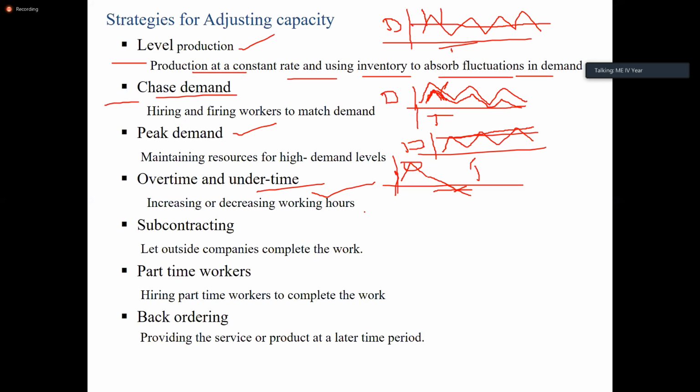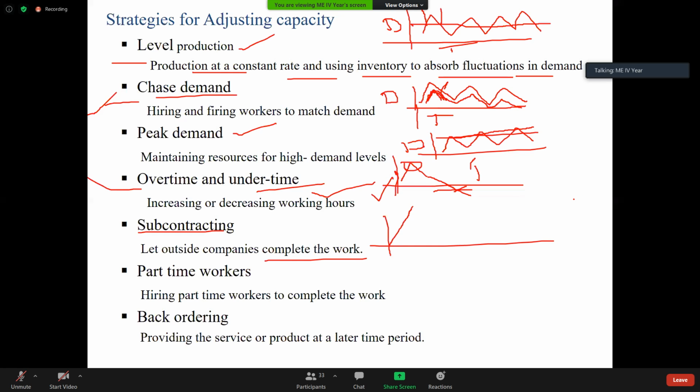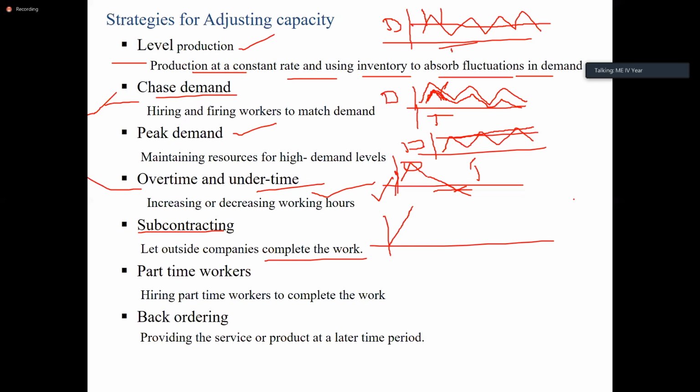Apart from that, if demand is increasing, these parts you have to send outside to get the work done. This is the outside company, name it W, outside working. That company will help you fulfill this demand. So in that case, you can approach subcontracting.